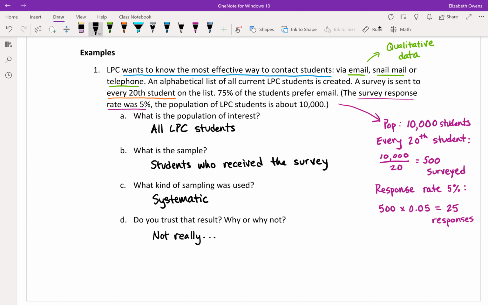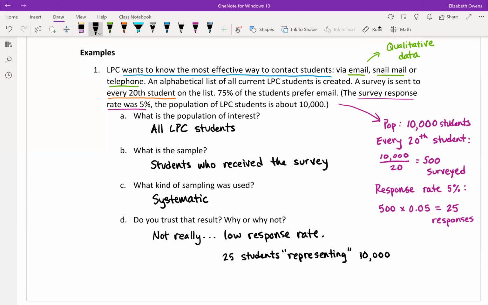But that low response rate really makes this questionable. That's a pretty small number of students who actually ended up participating in this. So 25 students here are trying to represent the overall population. I'll put representing in quotes there.